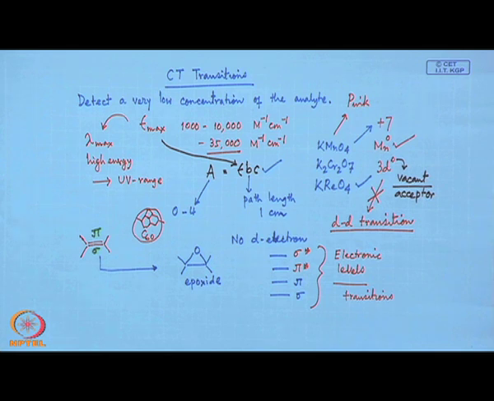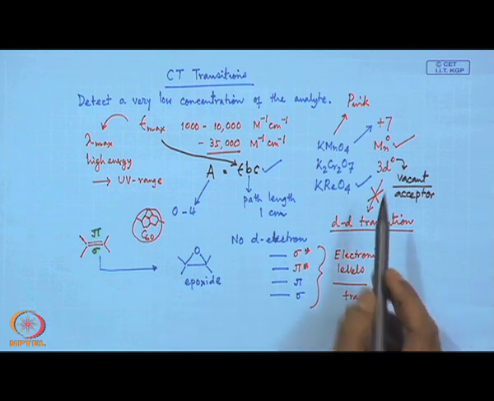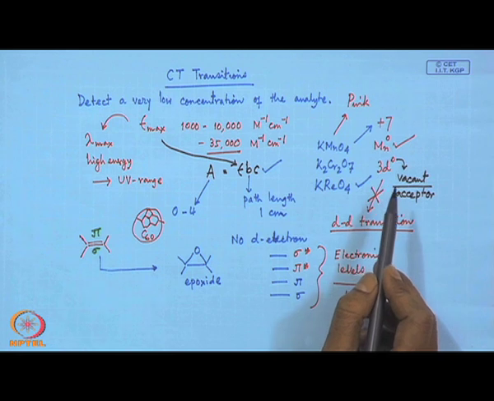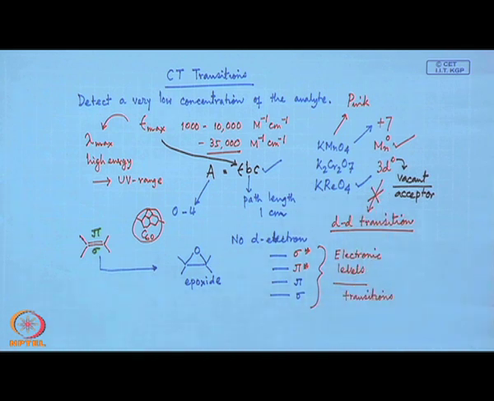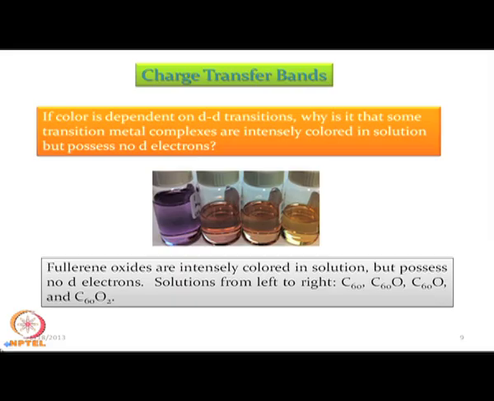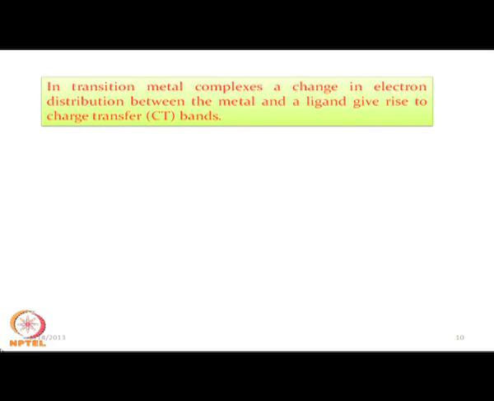So, we can accept the electronic charge density from the ligand system or any other oxide system into those orbitals, such that the corresponding charge transition can take place. So, in such transition metal complexes, a change in electron distribution between the metal and the ligand can give rise to the corresponding charge transfer bands.